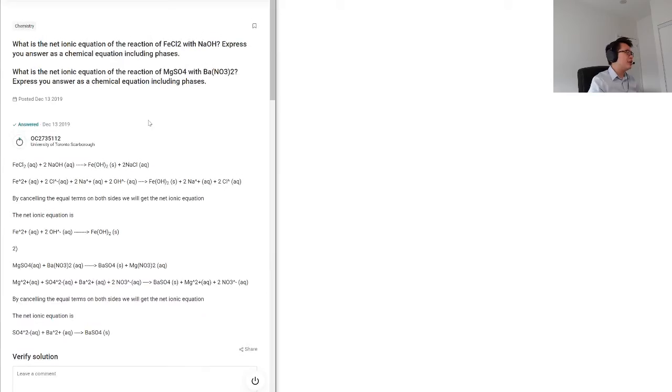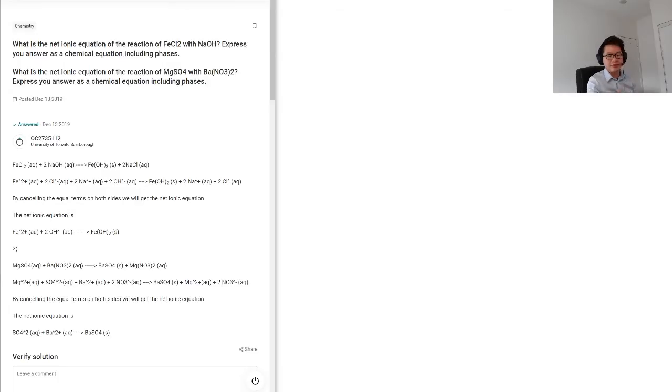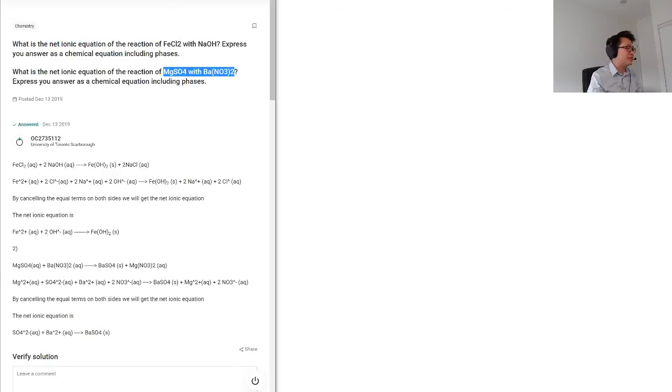Okay, so from here we are going to look at double displacement reactions. For this case, I believe the question is missing some important information, because we don't know the state of iron chloride and sodium hydroxide, and the same for magnesium sulfate and barium nitrate.